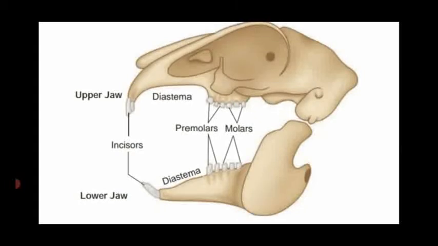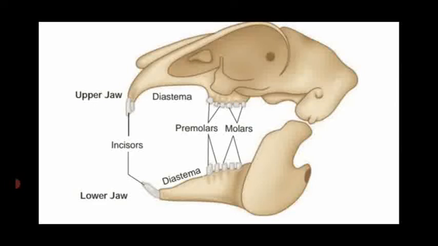Then next, they have pairs of teeth present in both the upper jaw and the lower jaw, that is 3 in the upper jaw and 3 in the lower jaw. So the 3 pairs of teeth present in the upper and lower jaw are named premolars. Next, the 3 present behind the premolars are named molars, present in both the upper jaw and lower jaw.